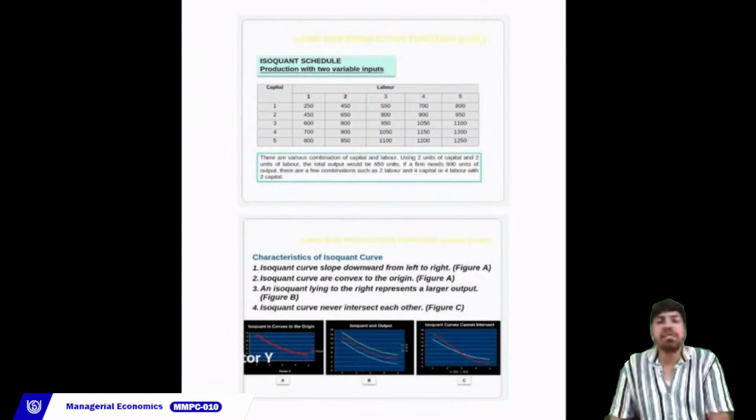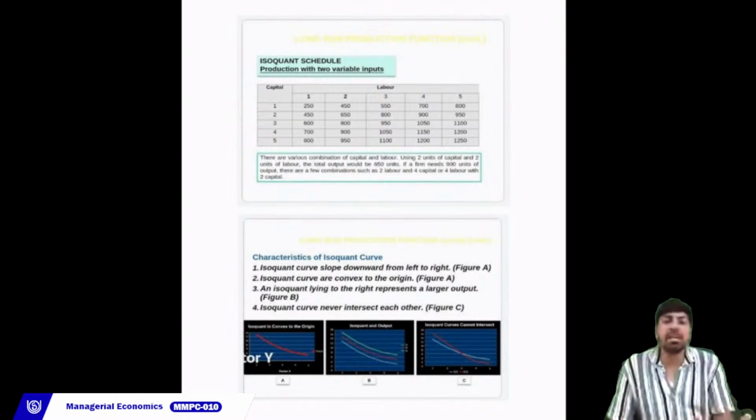If a firm needs 900 units of output, there are a few combinations, such as two labor and four capital, or four labor with two capital. You can use any of the combinations if the firm needs 900. For example, if the firm needs 450 units of output, it can use the second unit of capital or the first unit of labor.